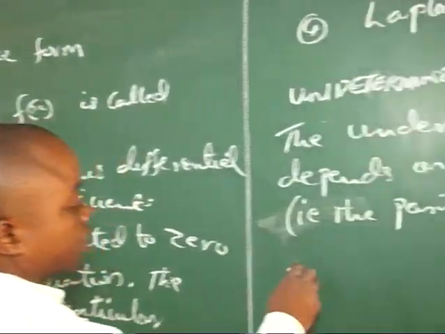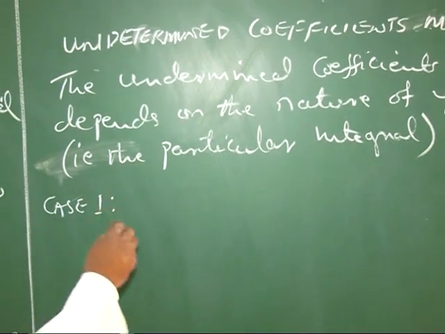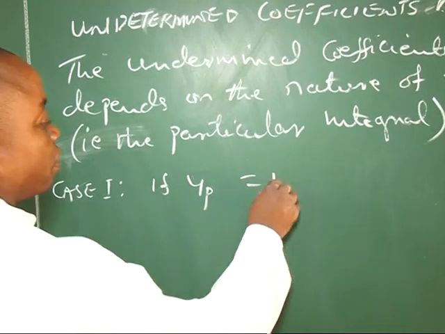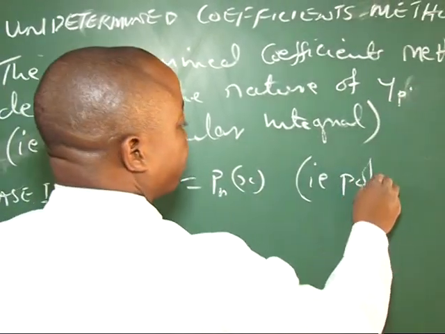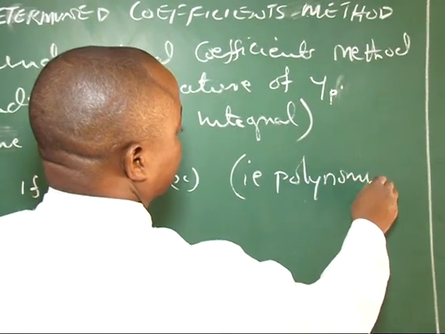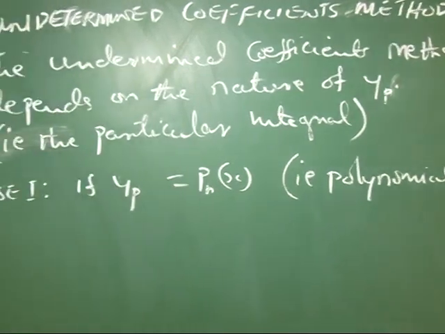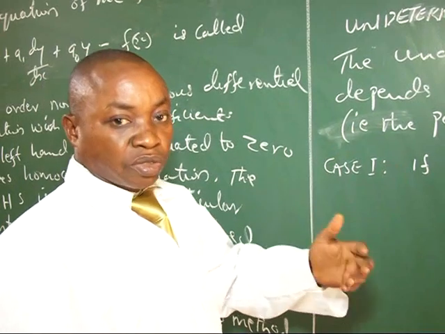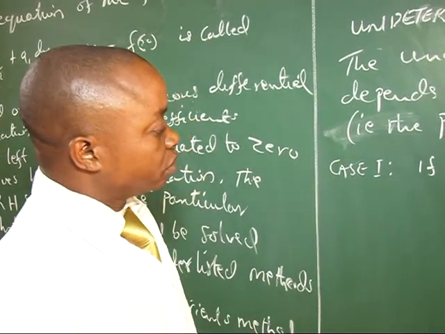Now, look at it. Case 1. If YP is equal to Pn of x, that is polynomial function. We are going to assume, this undetermined coefficient depends on assumption. We assume a function.